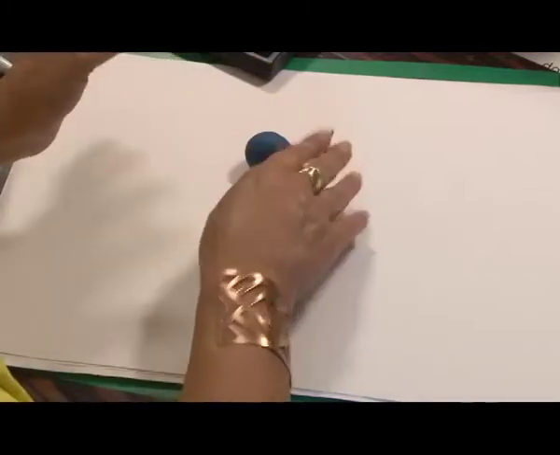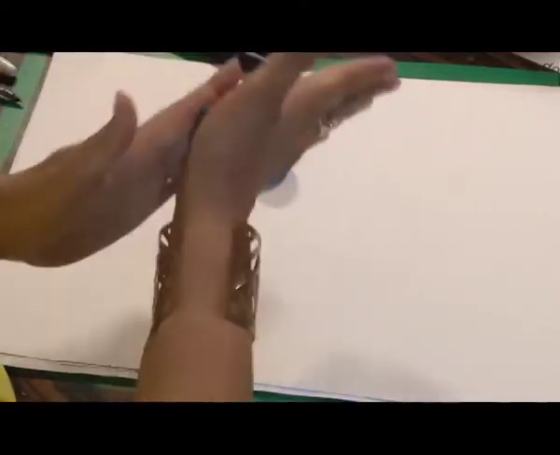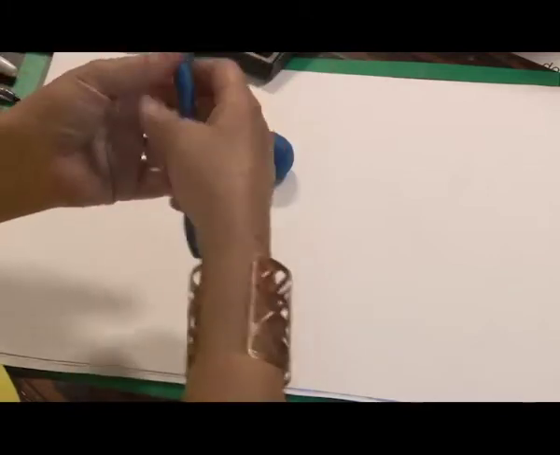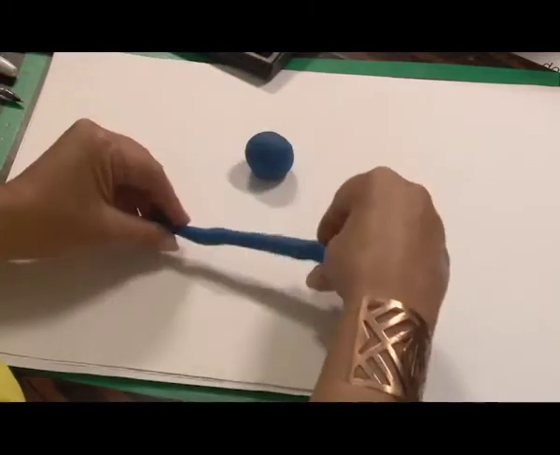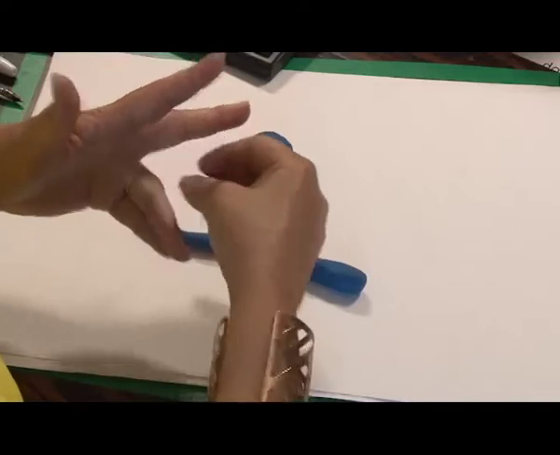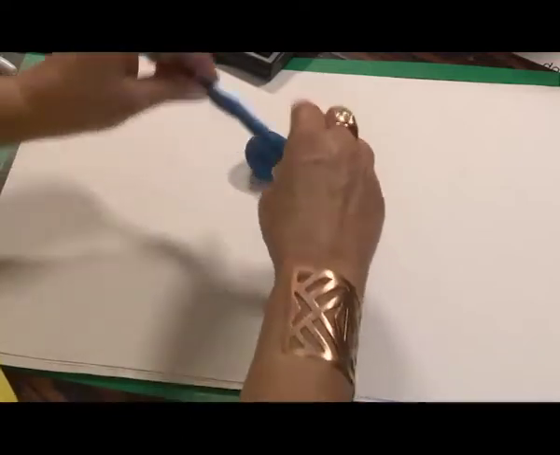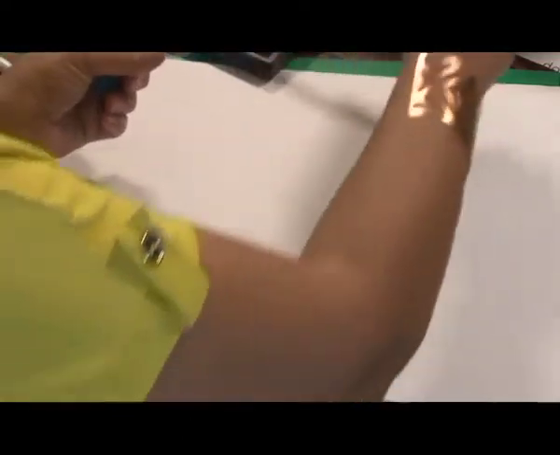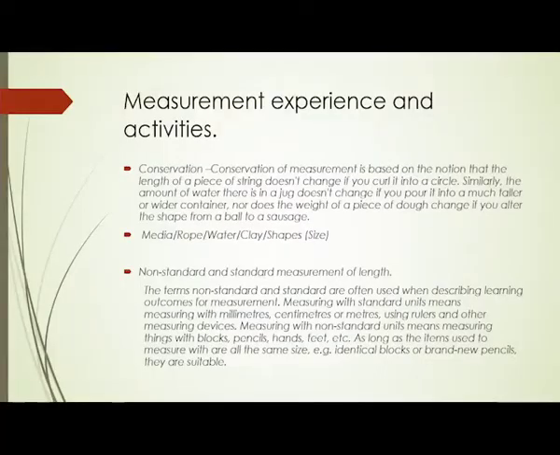The dough is exactly the same size whether it's in a ball or whether it is in a sausage. So here, the media that I have to use to show my learner is rope, water, clay, or any other practical example that you can use.